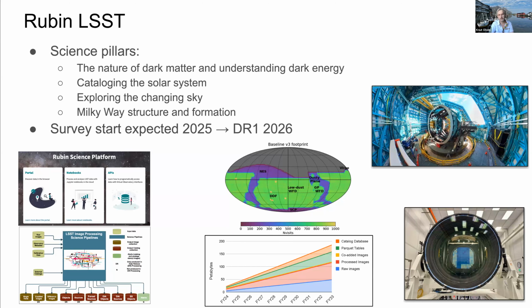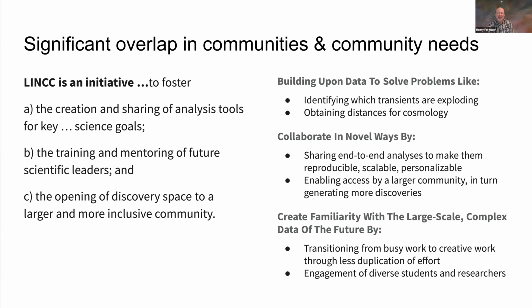Creation and sharing of analysis tools, training future leaders, opening a discovery space and focusing on more inclusion, identifying transients, distances for cosmology, end-to-end analyses, and trying to go toward more reproducible workflows and things of that sort. And then really trying to reduce the duplication of effort.